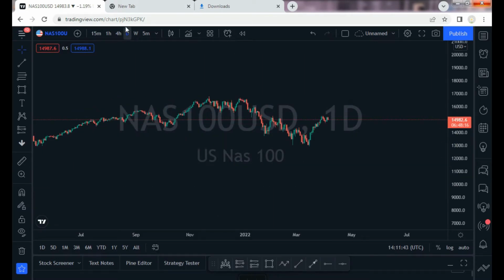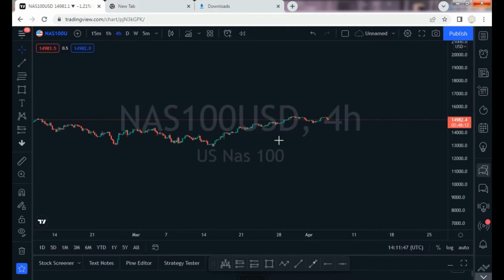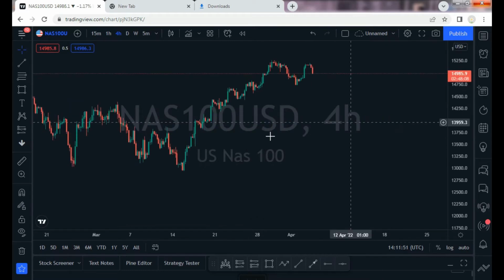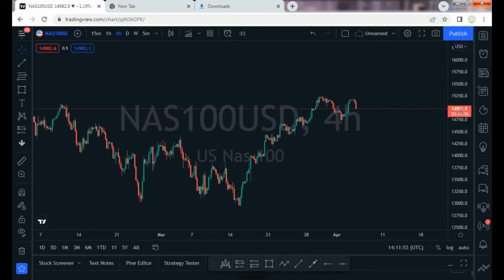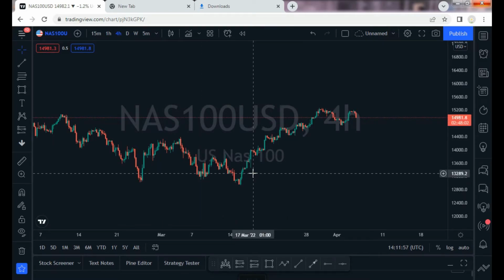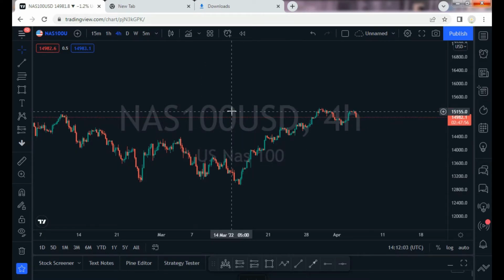I go down to the 4 hour time frame. Okay, it's too small. So I basically use trend line and a little bit of support and resistance. I'm going to be applying all that in this video. Okay, so just pay attention.